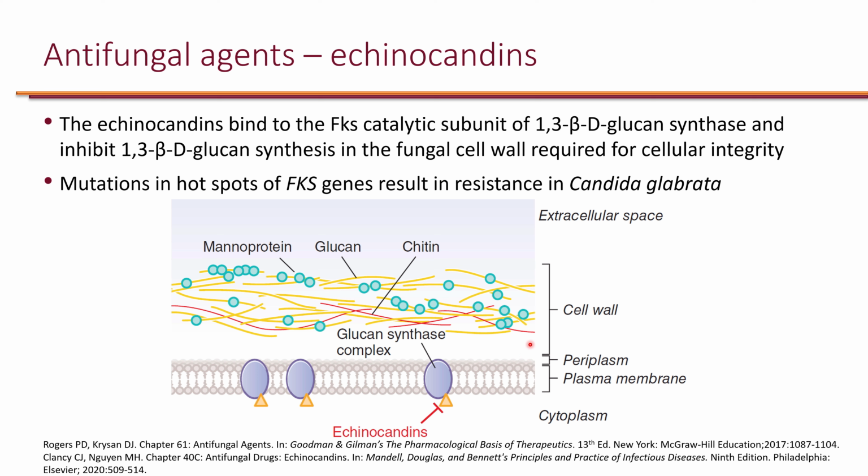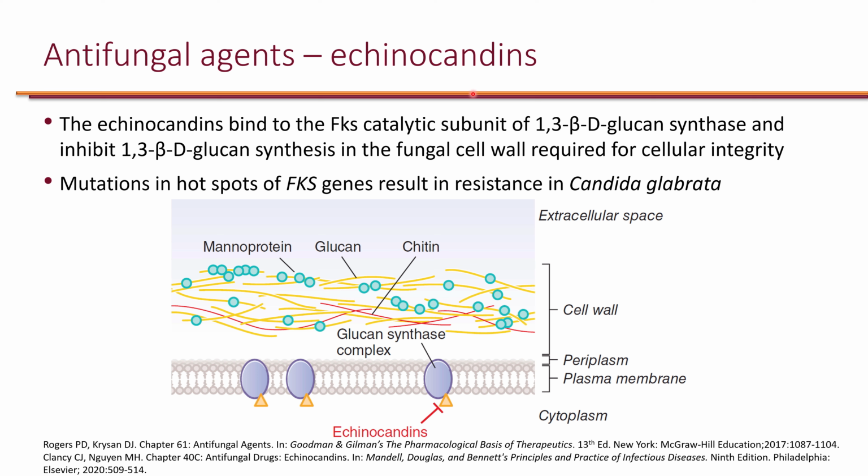Cryptococcus species don't have a significant amount of 1,3 β-D-glucan. In fact, Cryptococcus species mostly rely on 1,6 β-D-glucan, and these agents will not really inhibit 1,6 β-D-glucan.